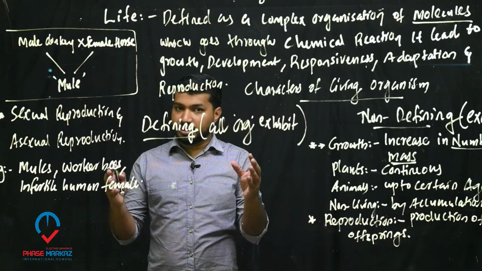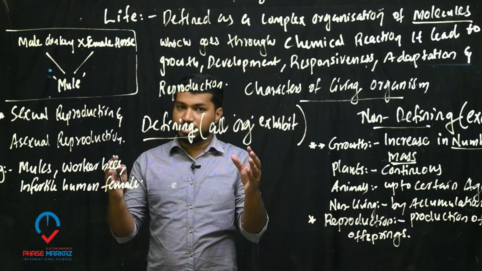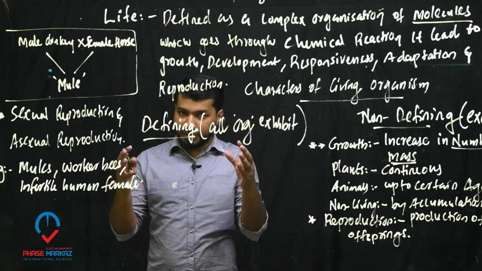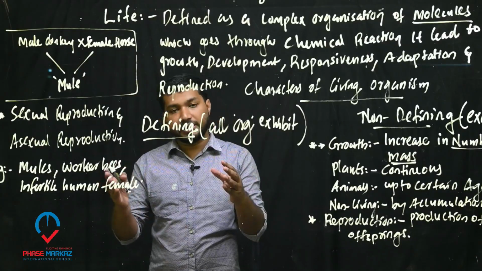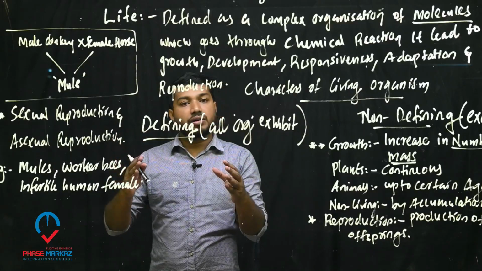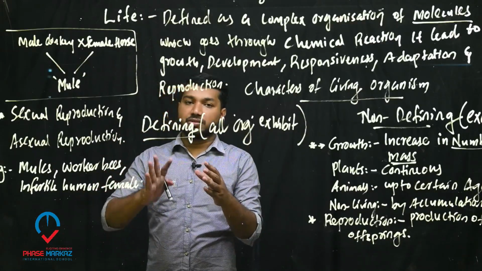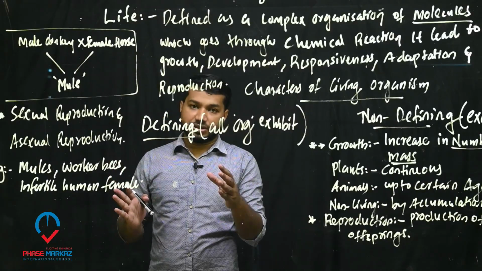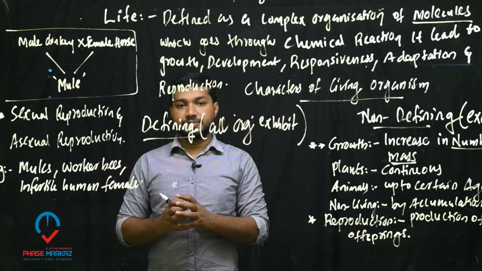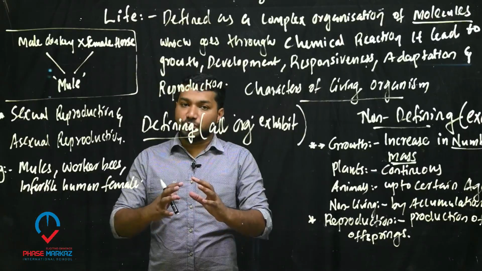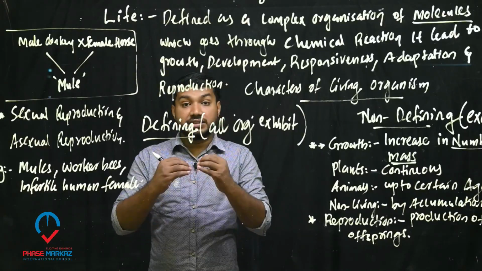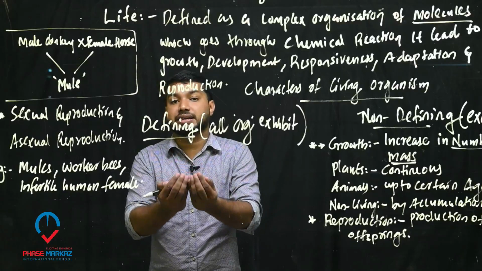If the organisms involve sexual intercourse between the same species, for example, a human female and human male, or a male donkey with a female donkey, or a male horse with a female horse, they will produce their children. Their children also have the reproduction capacity.